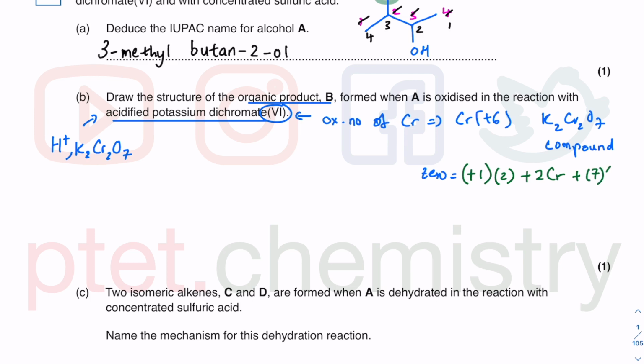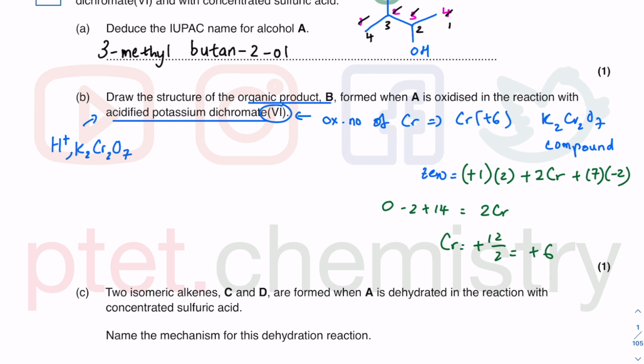I have oxygen in the compound, so that is oxygen having oxidation number of -2. But I've got 7, so 7 times -2, plus the 2 chromium, plus the 2 potassium ions, overall give me 0 oxidation number because the compound itself has no overall charge. So what now? I will have 2 chromium equal to 0 minus 2 plus 14, chromium equal to plus 12 over 2, and that is how I get chromium plus 6 there.